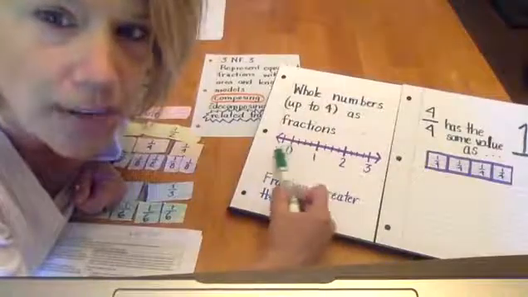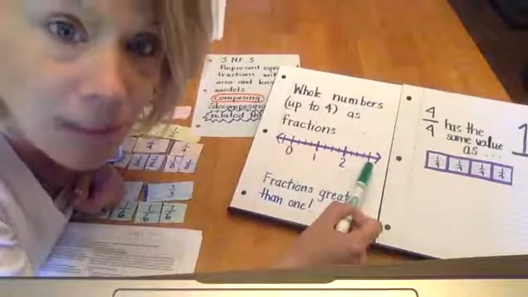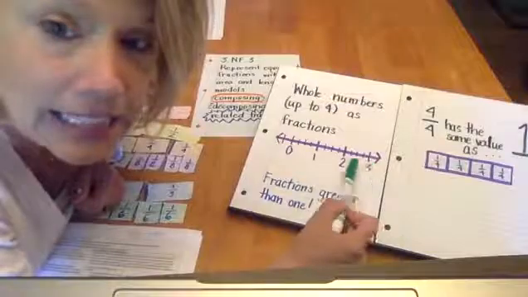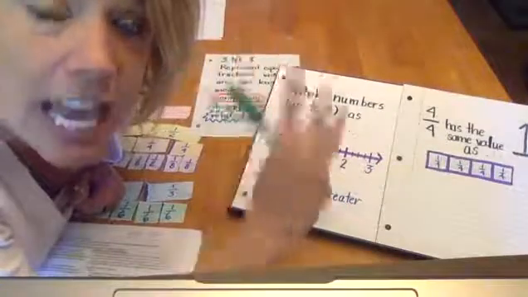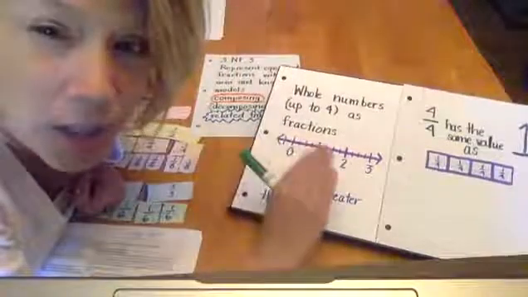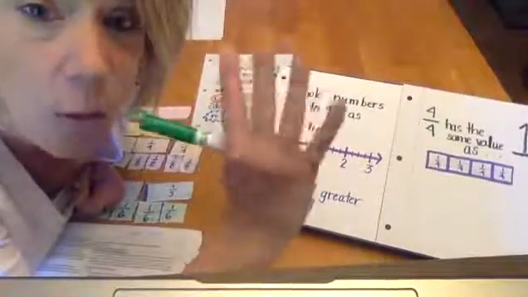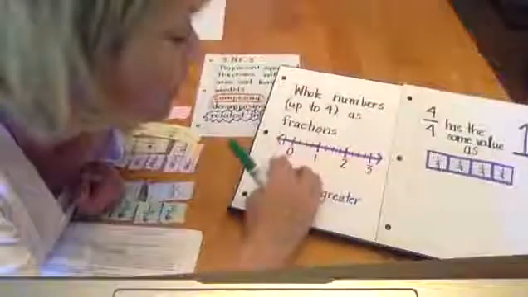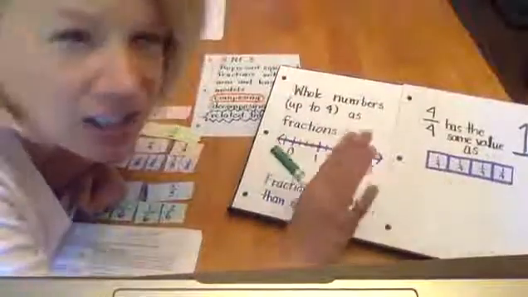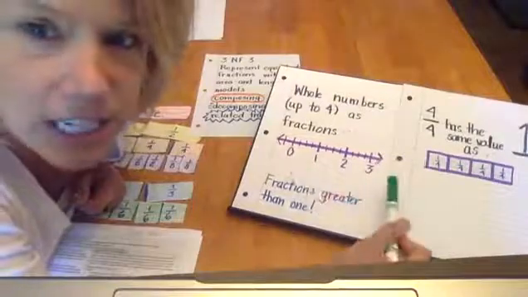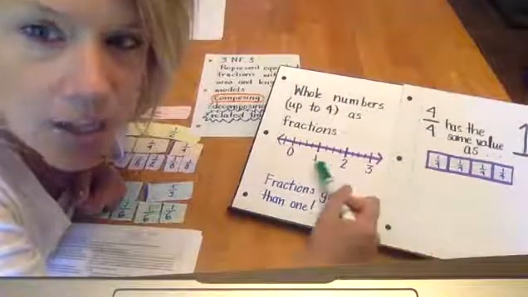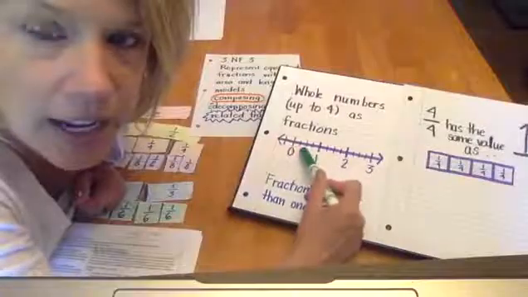And so Miss Street made a length model. It's also a number line. And it is a length model up to how many whole numbers? 3. In 3rd grade, we only work on this standard through 4 whole numbers. So I could have actually gone 0, 1, 2, 3, 4, but I just went to 3. Okay. And if we look at this, Miss Street has partitioned each whole into equal areas.